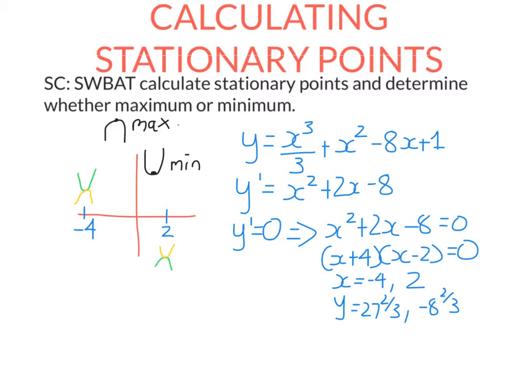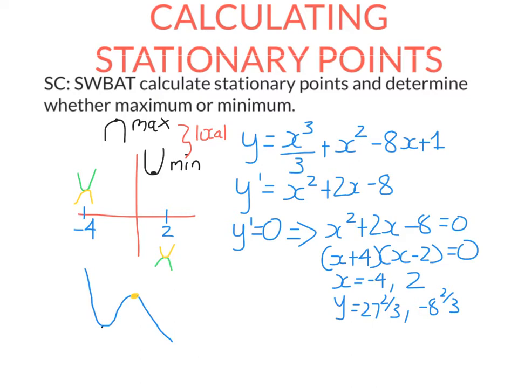It's important that we note that these are only local maximum and minimum. It doesn't mean it's the maximum or the minimum of the entire function. Because you could have a function that goes like this. Well, this turning point here is a maximum turning point, but it's certainly not the maximum of the whole function because there's higher values over here.